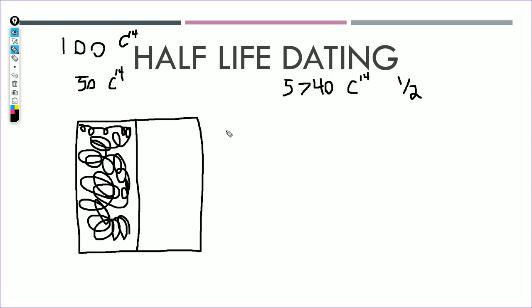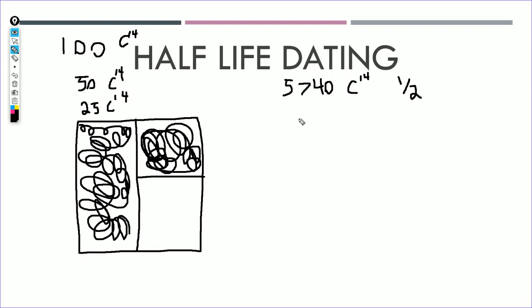Now, let's say another 5,740 years pass. Well, half of what's left will now decay. It'll always be half. Carbon-14 decays, or goes away, at a very constant rate. So now, instead of 50, half of that, I have 25 carbon-14 molecules.